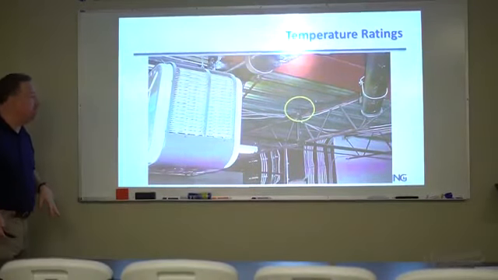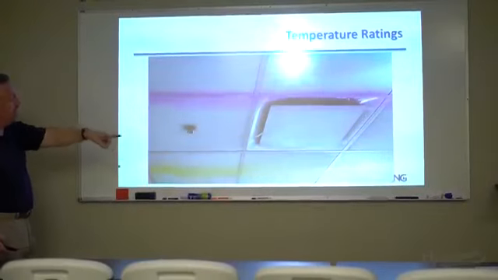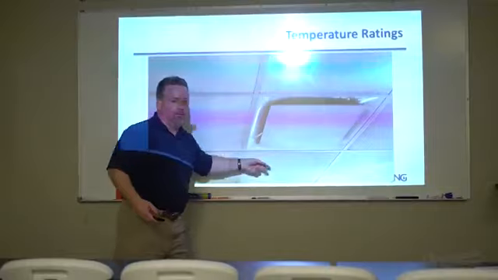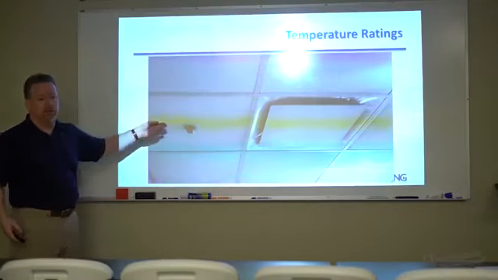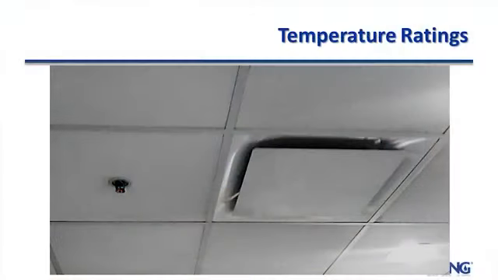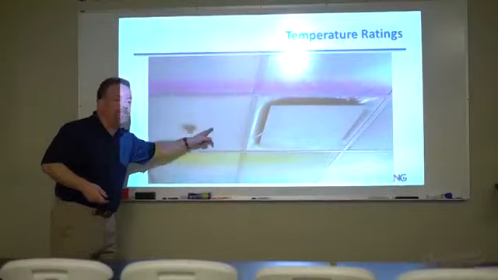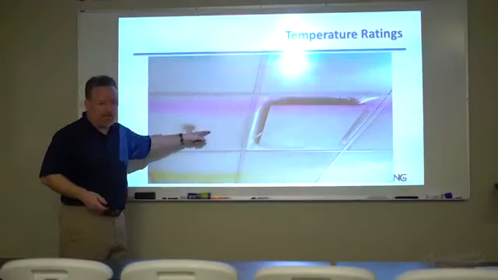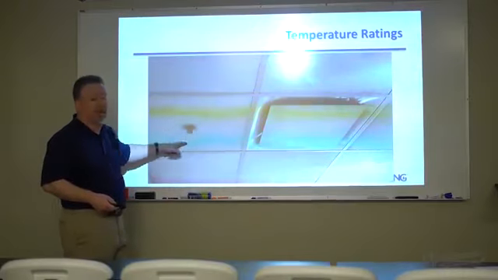So NFPA 13 says that if I've got a sprinkler within the heating location of a downblast type of heating duct, then I'm going to need to consider what the temperature is in that airflow, and consider what I'm going to do with my sprinkler.